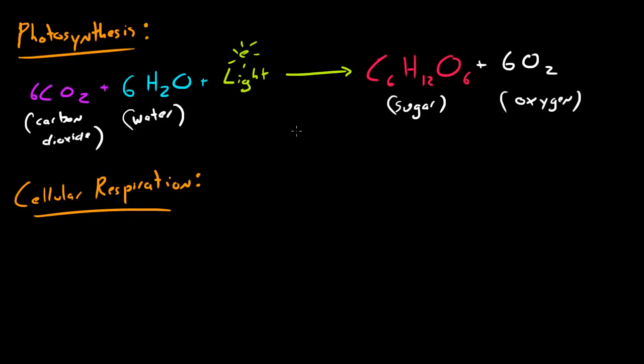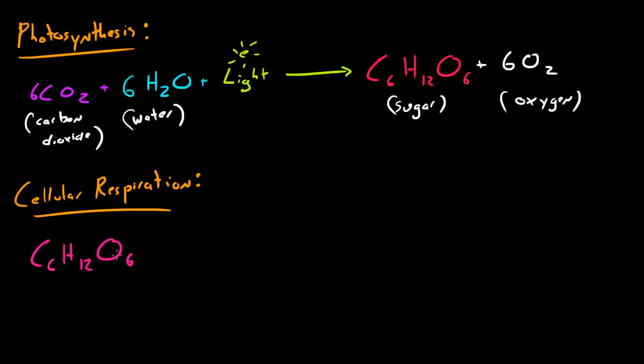Now if you're saying, that's just photosynthesis, a chemical reaction, pretty interesting, but it isn't really that amazing. Well, let's take a look at cellular respiration. Cellular respiration is very similar in that whenever a human needs food, it takes food such as sugar, which is C6H12O6.